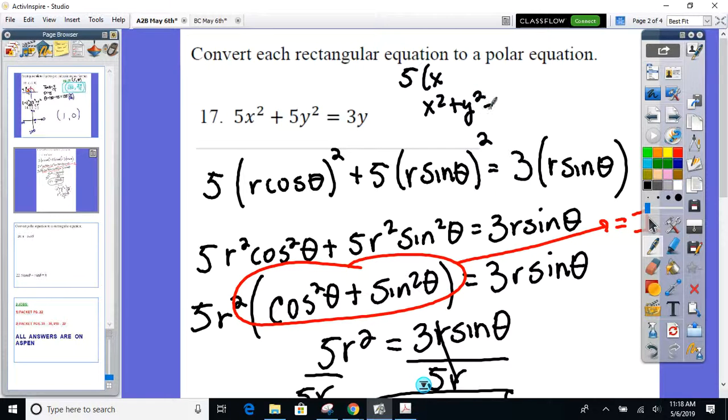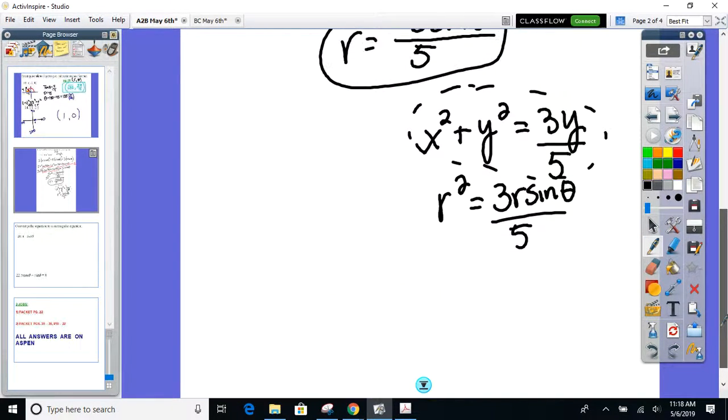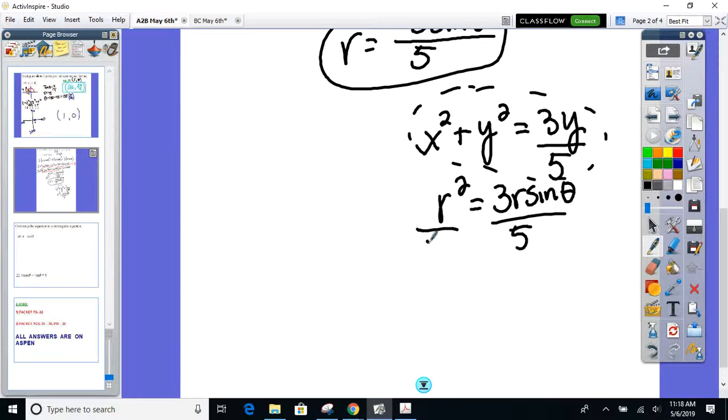Correct. That's equal to r squared, and that's equal to r sine, which is what we have right here, right? And then you tried to divide by r. But here's the problem. You divide by r, right?